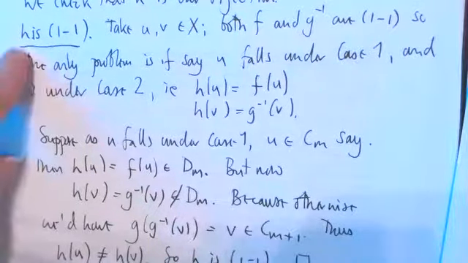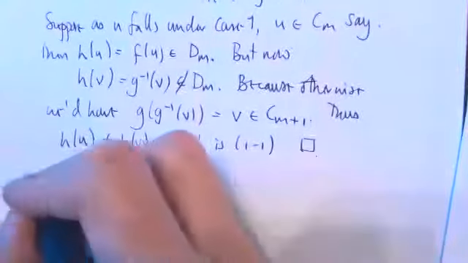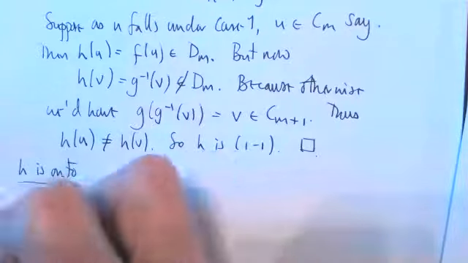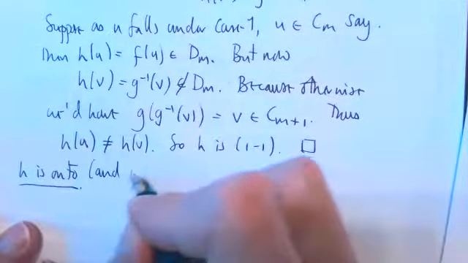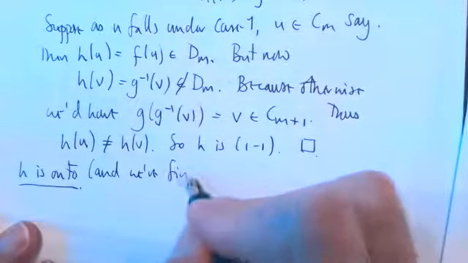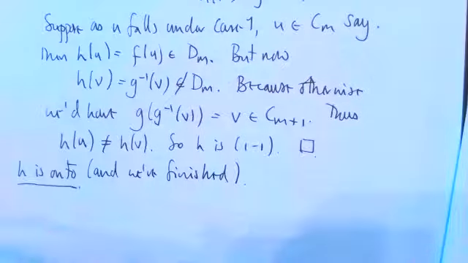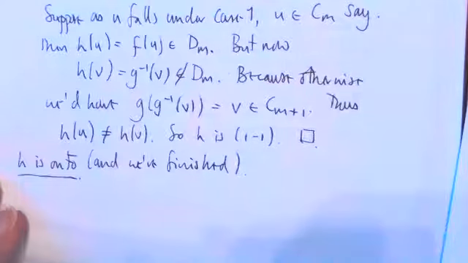So now what's left is that it should be onto, and then we're done. And when we've done that, we're finished. It's a bijection. Okay.